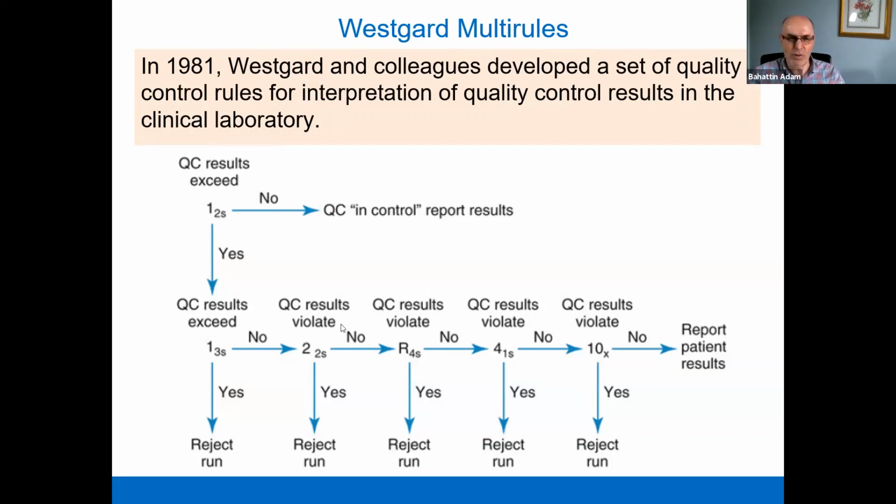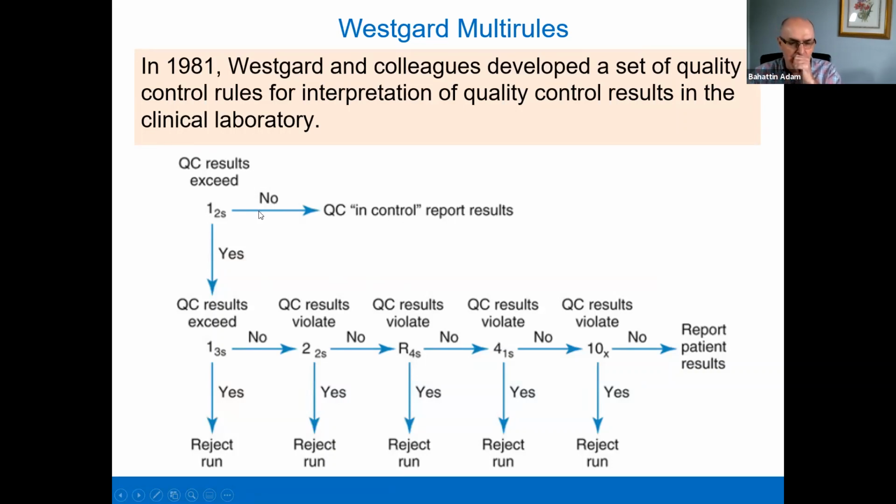As you see here, 1 2S standard deviation means you exceed the QC result only one time, by about 2 standard deviations. Then you have to follow these charts. Let's see QC in control report result.